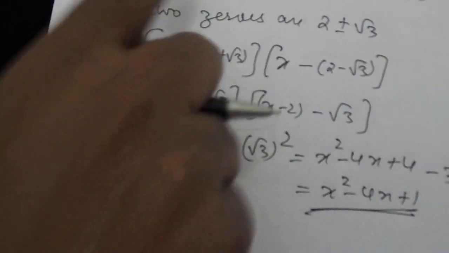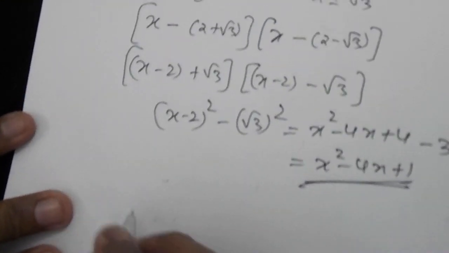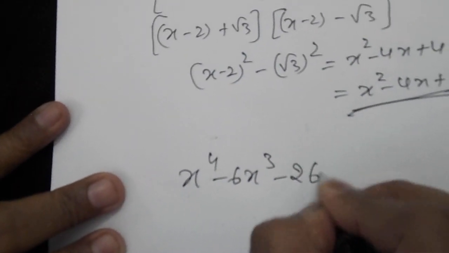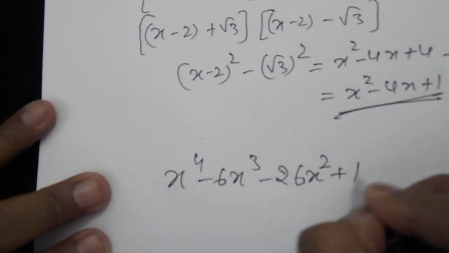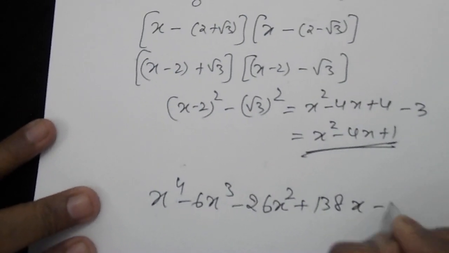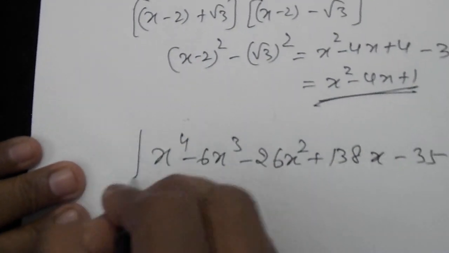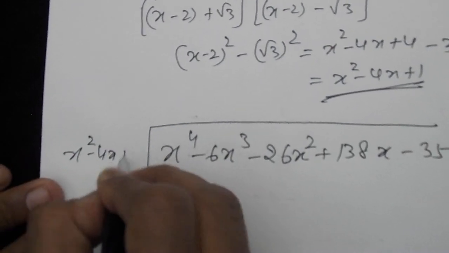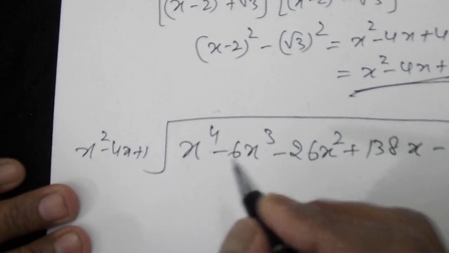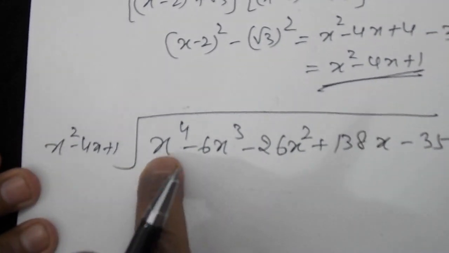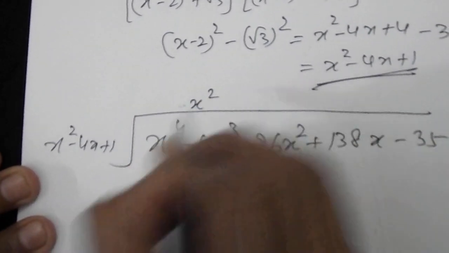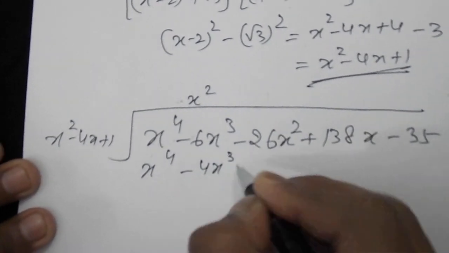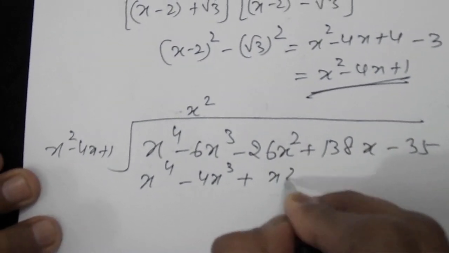With this now we have to divide the given polynomial x raised to the power 4 minus 6x cube minus 26x square plus 138x minus 35. Now we are going to divide this polynomial with x square minus 4x plus 1. So when we are dividing this, to make this x4 we have to multiply with x square. So this gives us x4 minus 4x cube plus x square.